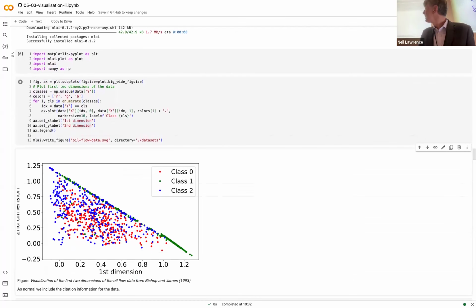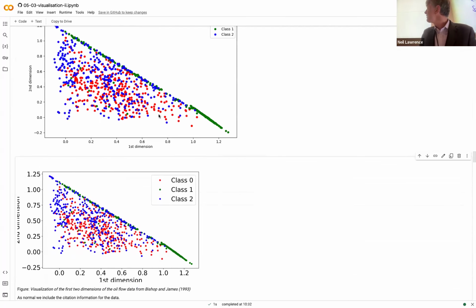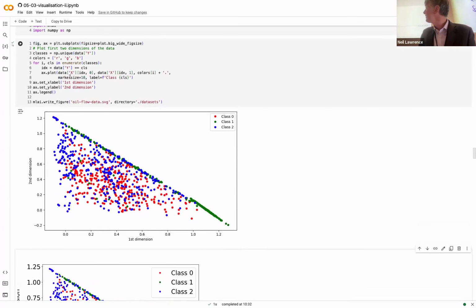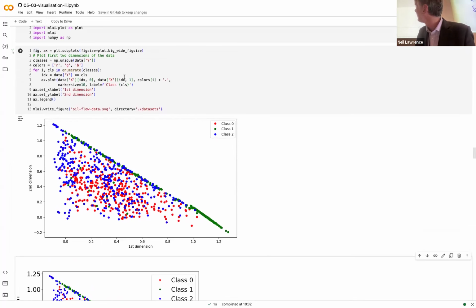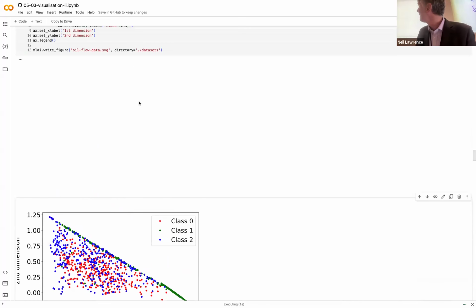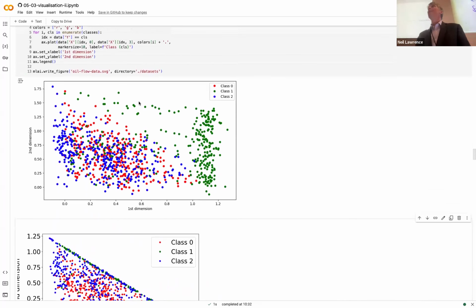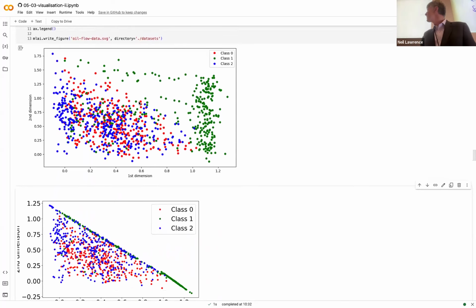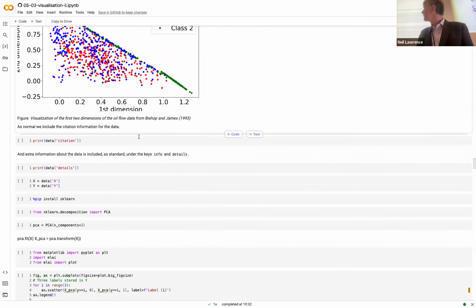So this is just for that plot there. That's just taking a couple of dimensions of the data. We could play with that and plot maybe the first versus the third dimension, and you will get a different plot. So that's another way of visualizing data. We do that in the first review and refresh lab.